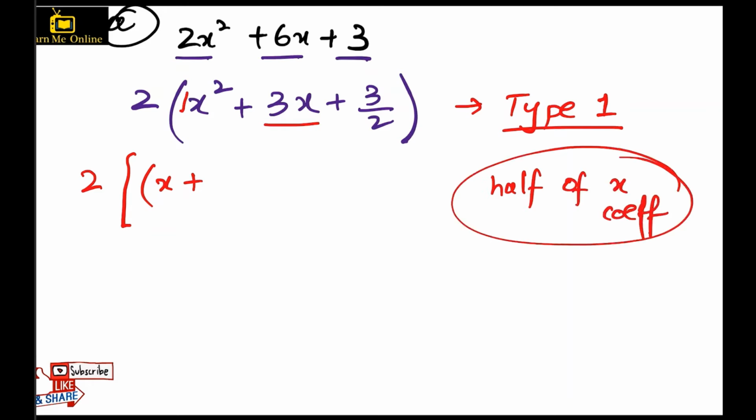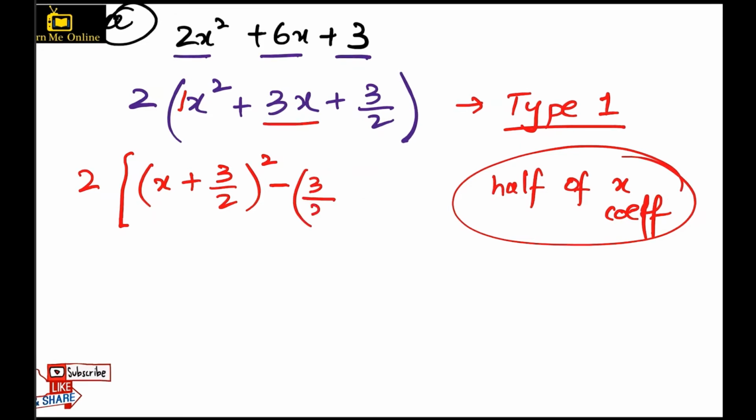Here the x coefficient is 3, so half of it is 3 over 2, squared. We always use the negative sign here, and the square of the second term. So we have the next term written as 3 over 2, and we square it. Then whatever the third term is, which is 3 over 2 here. We close the bracket, because we have 2 written outside the bracket, which will multiply with each term inside the bracket.